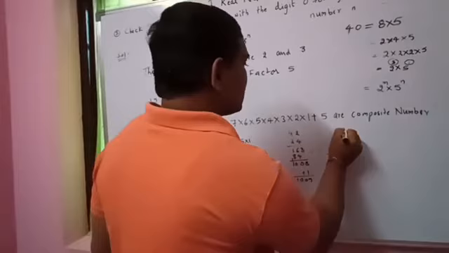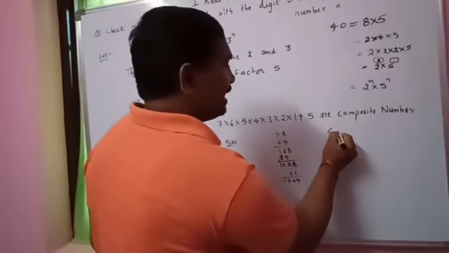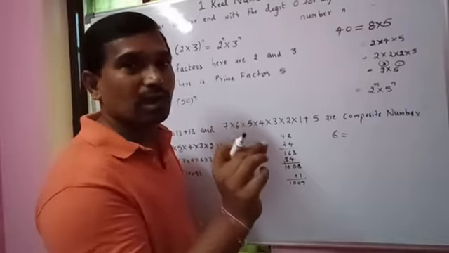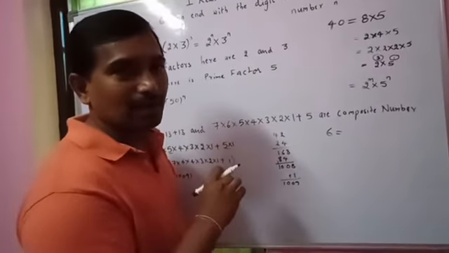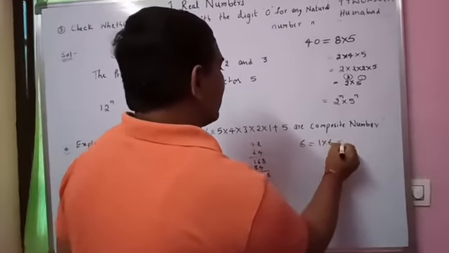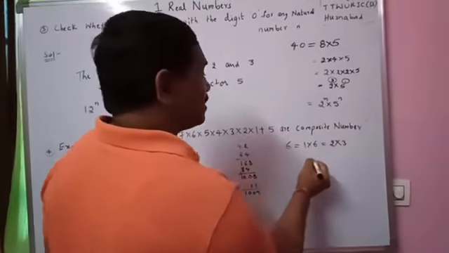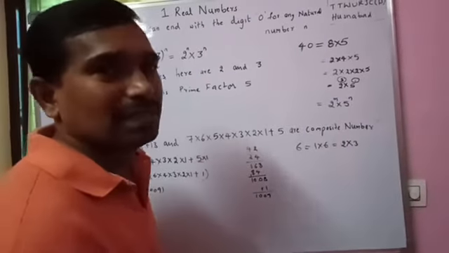For example, 6: if you are able to write 6 as a product of two numbers other than 1 and 6, then 6 is a composite number. So 6 can be written as 1 into 6 and 2 into 3. So 6 can be written as 2 into 3, so 6 is a composite number.